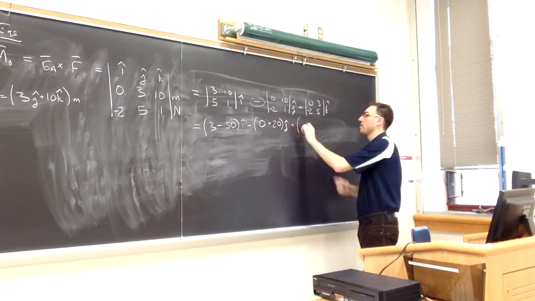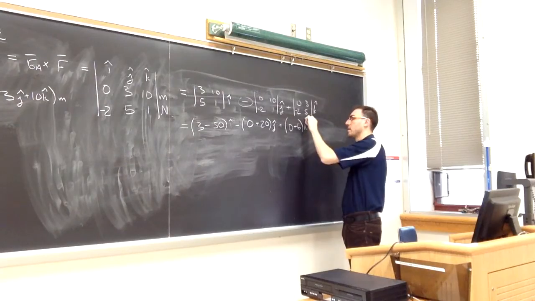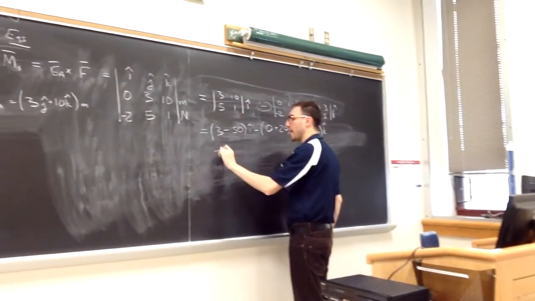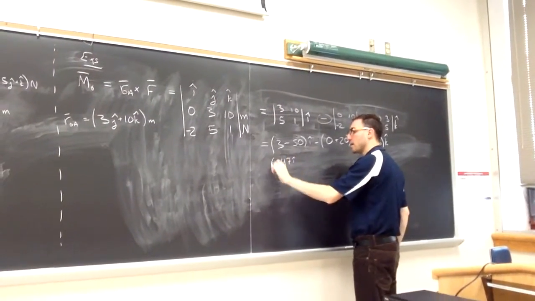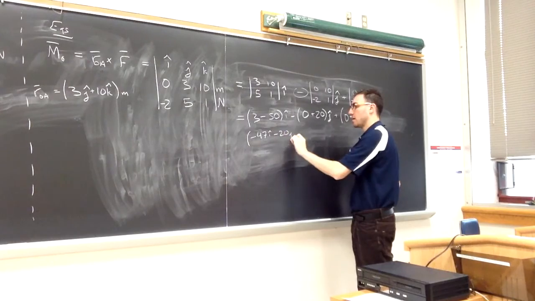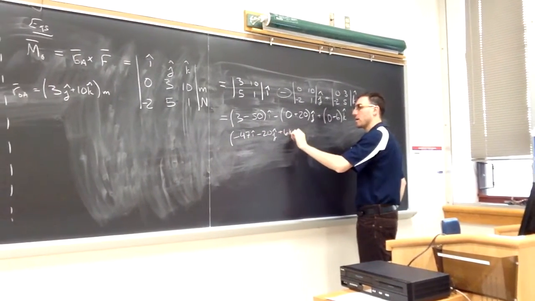And we have 0 minus negative 6 is plus 6, k. Simplifying this a little bit further, we get negative 47i minus positive 20j plus positive 6k.